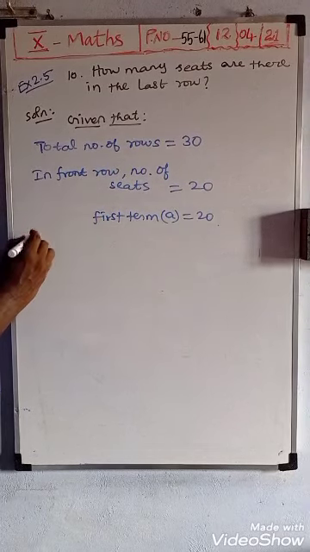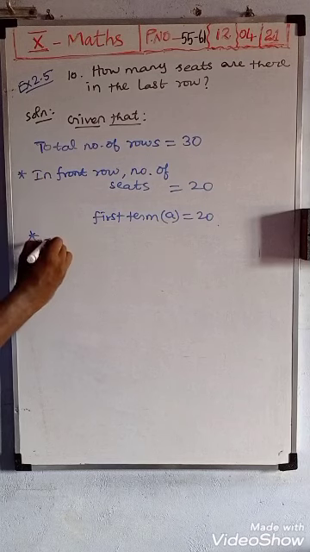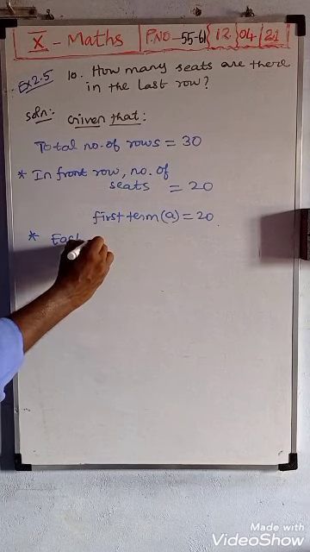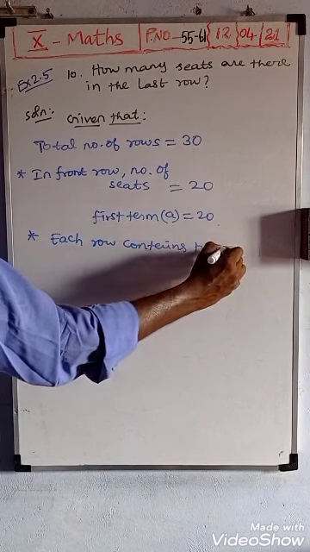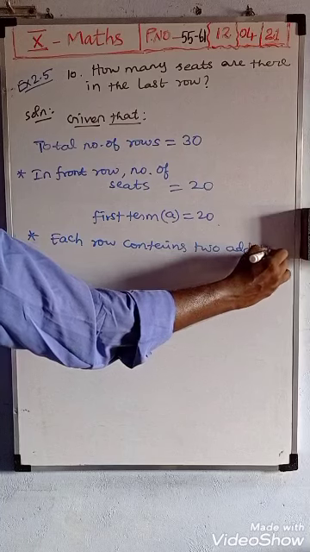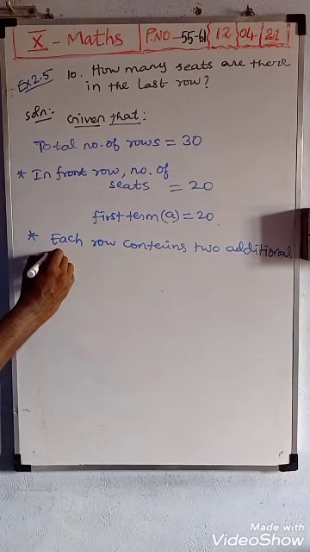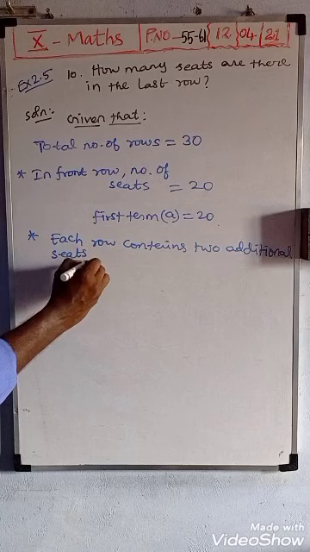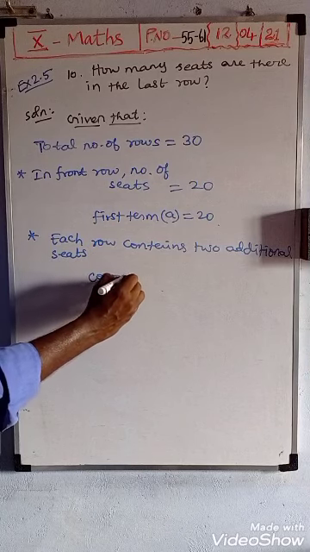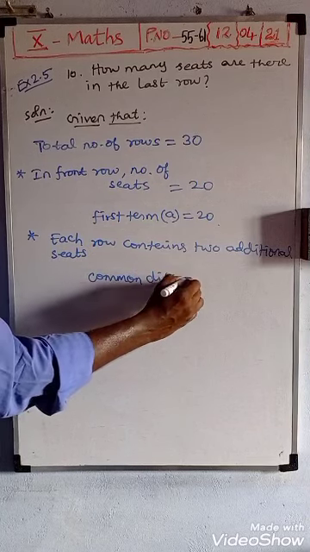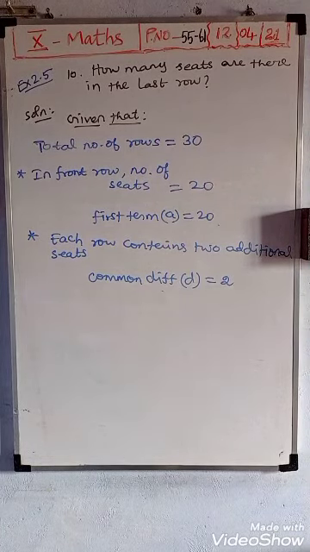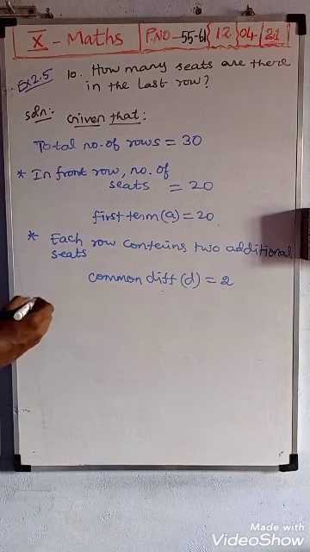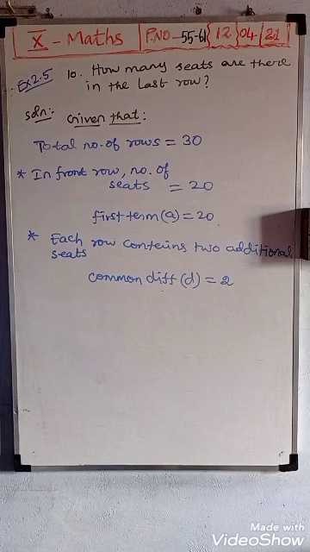Okay, then it is given each row contains two additional seats. Then this is called common difference. D is equal to 2. Okay, because it is increasing 20, 22, 24 like that. It forms an AP.